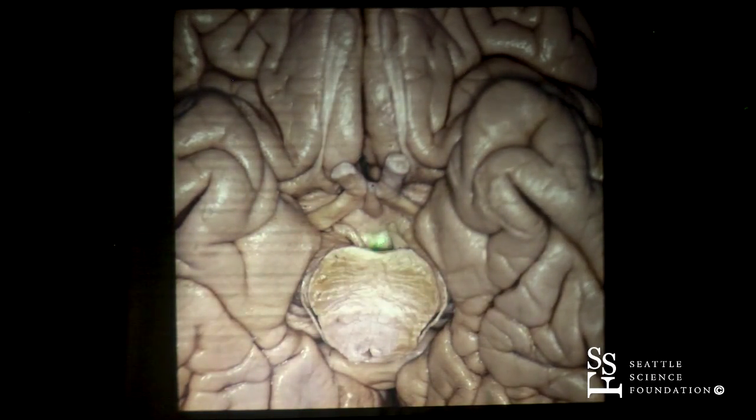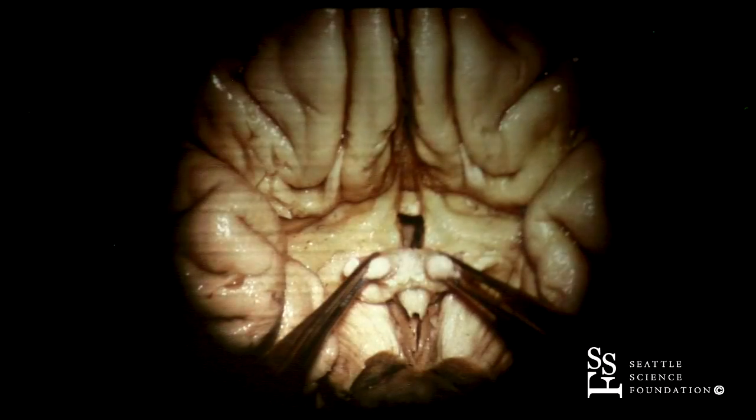And posterior to the mammillary body, you have the roof of the interpeduncular fossa. And all this area here, which is also the floor of the third ventricle, of course, is the posterior perforated substance. You see here this anterior perforated substance, and you see the anterior commissure posterior there.